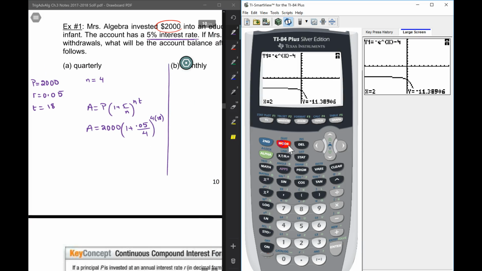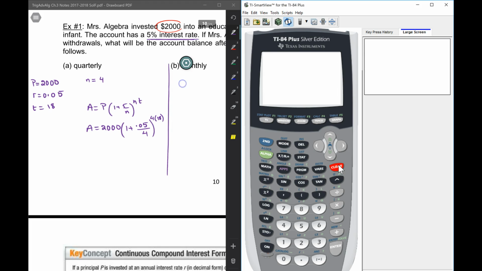So it's 2,000, parentheses, and you just put it in the way you see it. Okay? When you do this, it just divides 0.05 by 4 to the power of 4 times 18.